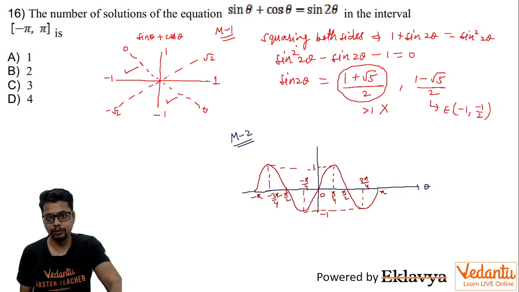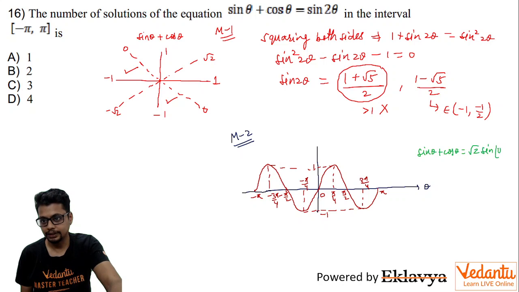Now let's plot the y equal to sine theta plus cos theta graph. Sine theta plus cos theta is root 2 times sine theta plus pi by 4. So when theta is 0, root 2 times sine pi by 4 is 1. It is like this here. At pi by 4, it becomes root 2.